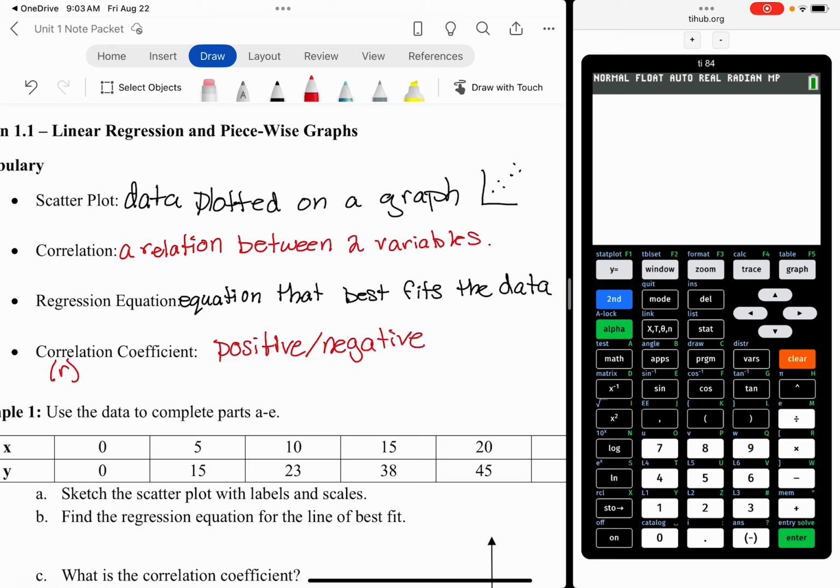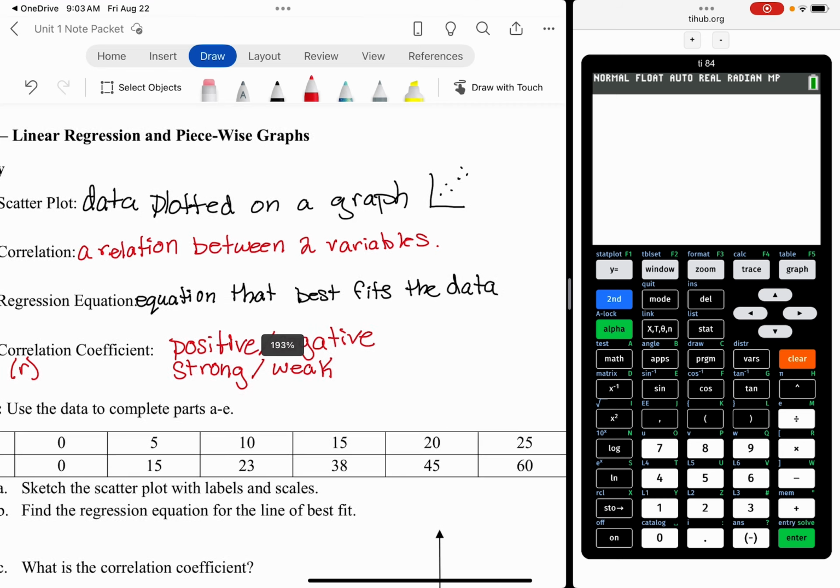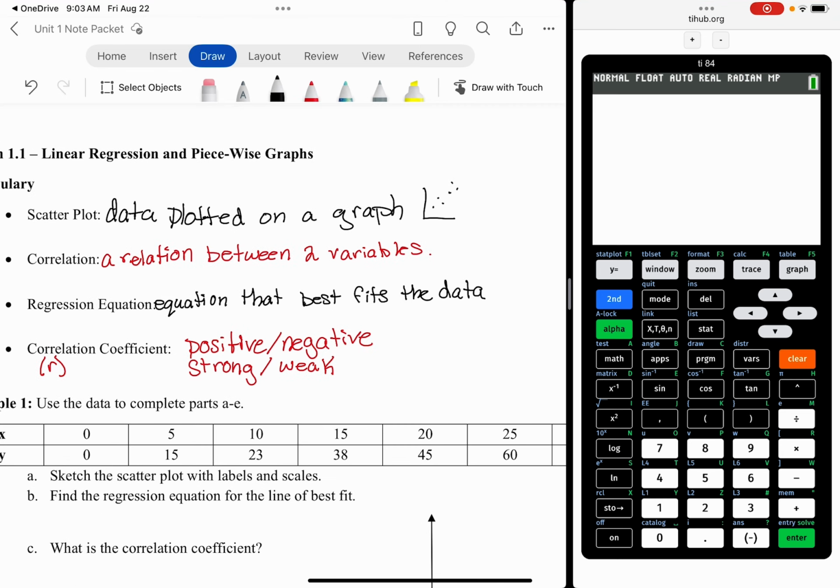And we also use this to determine if it is a strong or weak correlation. Strong means the line is going to fit the data very closely. So the points on our scatter plot are all going to be very close to that line. And then weak means the points are going to be far away.